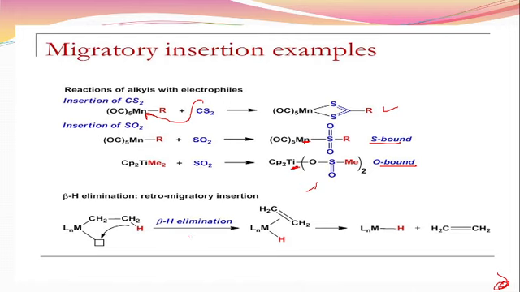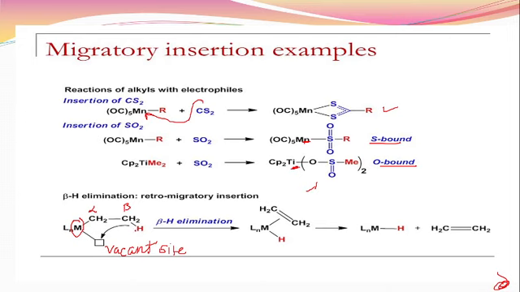Next, that is beta hydrogen elimination. This is also called a retro migratory insertion. What happened? This metal must have the vacant site. This is a vacant site. Then what happened? This is the alpha carbon, and this is the beta carbon. This beta carbon has the hydrogen.